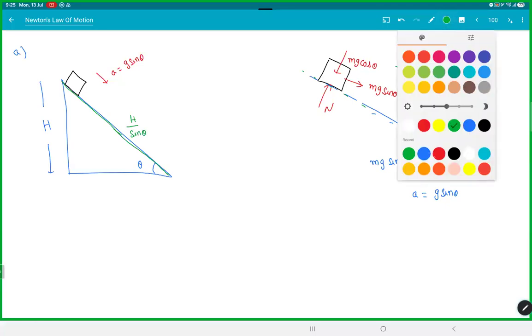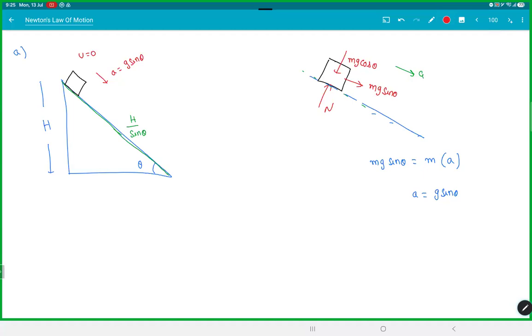Initially, your velocity is 0, starting from rest. We are using the equation s is equal to ut plus half at square because acceleration is constant. So s is h by sine theta, acceleration is g sine theta, and that will be t square. And that would be t equals root of 2h by g sine square theta.